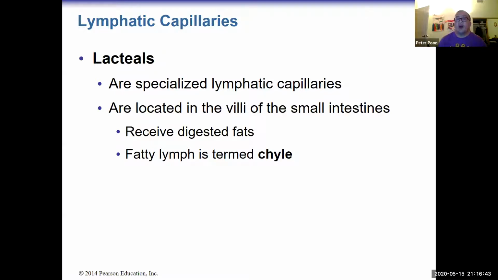Lacteals will pick up fat. In the digestive system, you can transport proteins and sugars in your bloodstream relatively easily. Fat is actually a little bit harder, so the lacteals actually transport fat.